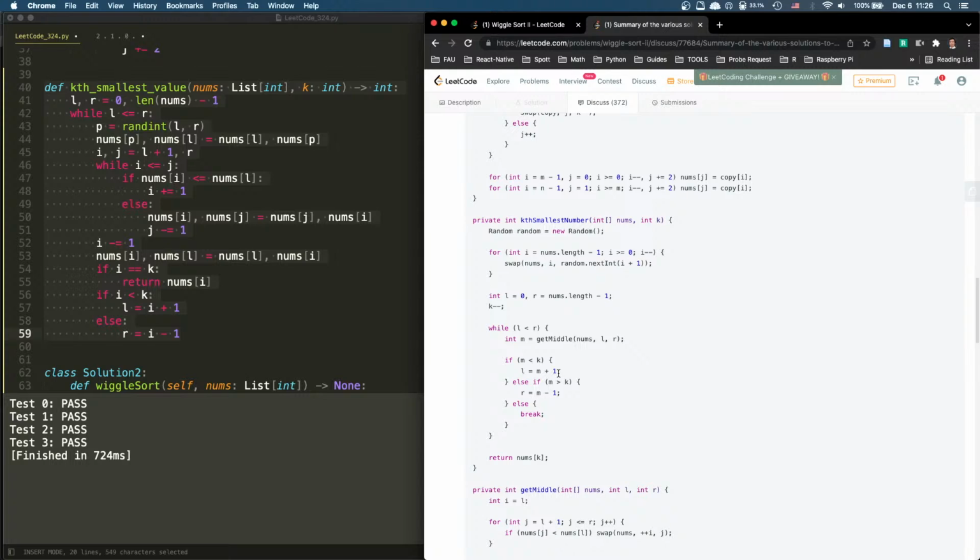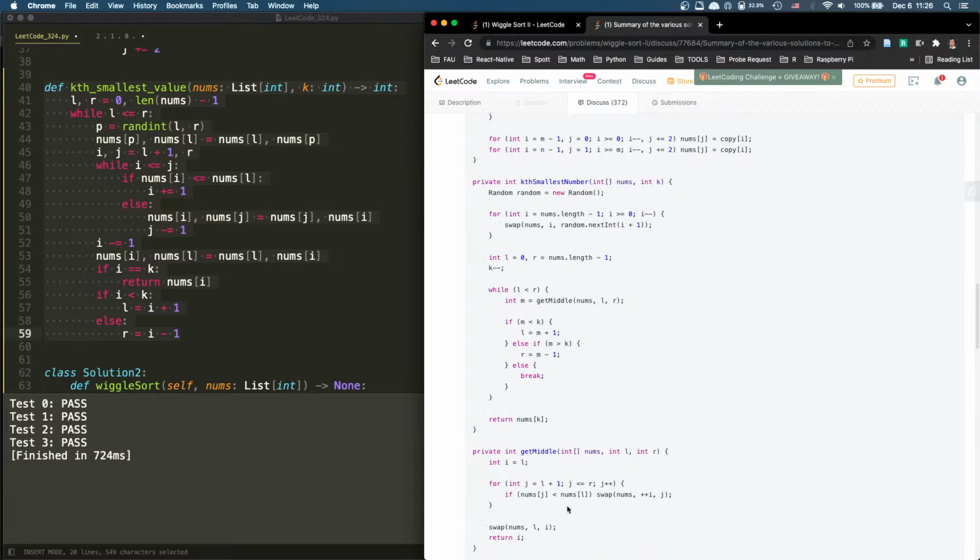Oh no, this is the other one. If it's smaller, then we swap. They have to go through the entire thing, and then when I come out, what do we get? We swap. We return I. And then we check. This basically corresponds to this.